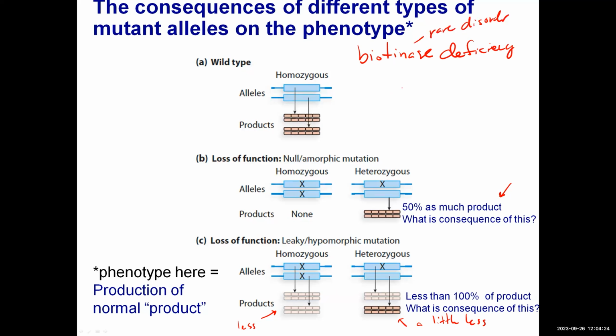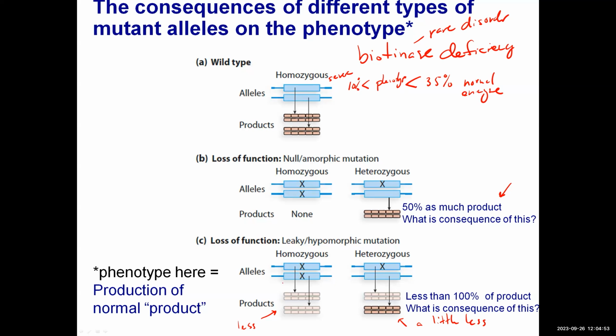For diagnosis, you have to have less than 35% of the normal amount. If you have more than 35%, you will have no phenotype. If you have less than 10%, you'll have the severe phenotype.